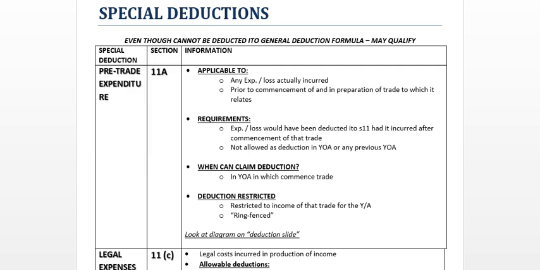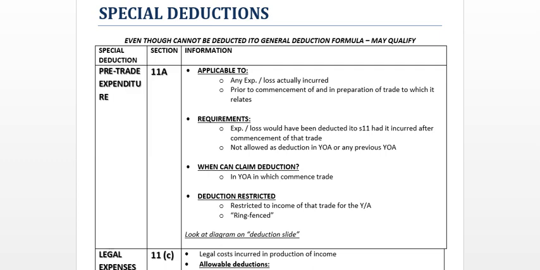For example, with any construction work, you incur some expenditure to get the material and so on before you can start constructing a house or whatever. The requirement is that the expenditure or loss would have been deductible in terms of section 11 had it been incurred after commencement of the trade.